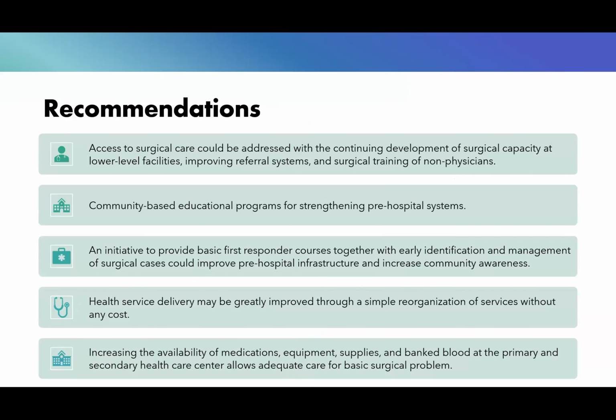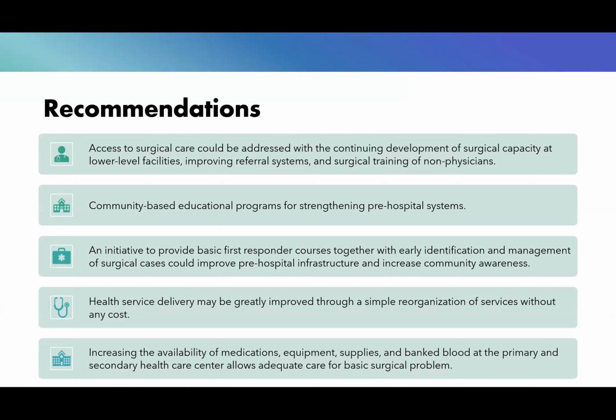So based on this study, we were able to recommend that access to surgical care could be addressed with the continuing development of surgical capacity at lower level facilities, improving referral systems, and surgical training of non-physicians. Community-based educational programs for strengthening pre-hospital systems, and an initiative to provide a basic first responder course together with early identification and management of surgical cases, could improve pre-hospital infrastructure and increase community awareness.